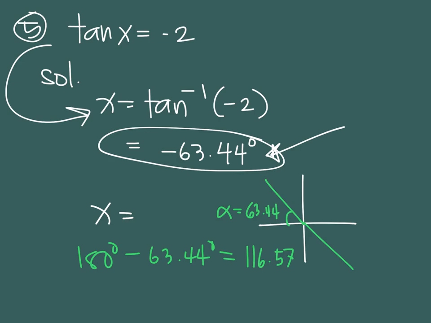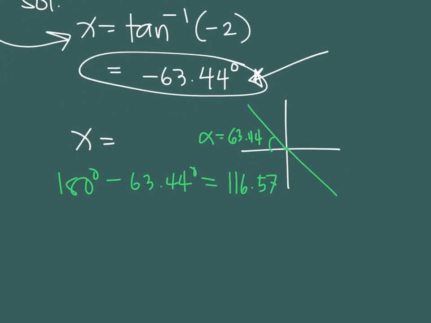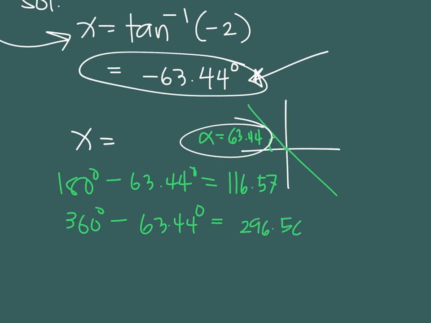Okay. And then to find the angle in the fourth quadrant, same thing. We have to make use of that reference angle. 360 minus 63.44 degrees, and this is equal to 296.56 degrees.